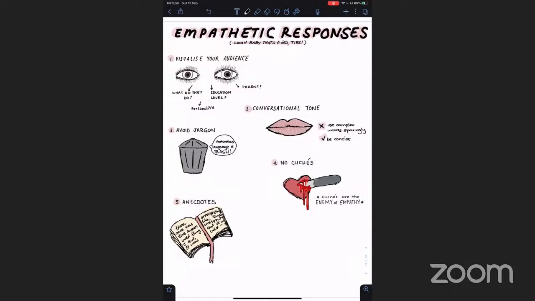Okay, so enemy just means the person who opposes you, but what I mean by enemy of empathy is that it just goes against empathy. It breaks it. It will fight against empathy, meaning it will destroy any kind of empathy that you're trying to create. Oh, like they don't fit. Yes. So not so much that they don't fit, they will fight against any other empathetic aspects that you have.